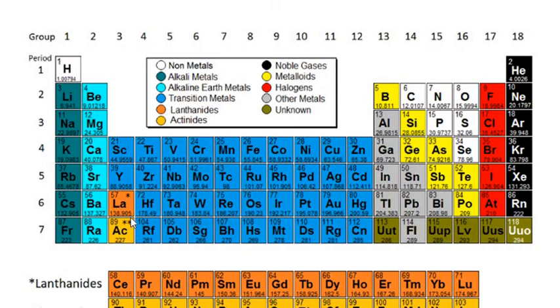But if they were put here, the table would be much elongated, much enlarged. So the scientists separated these two groups and put them at the bottom of the periodic table.